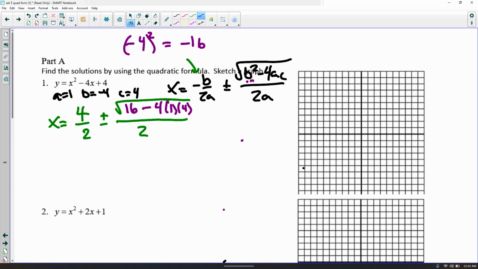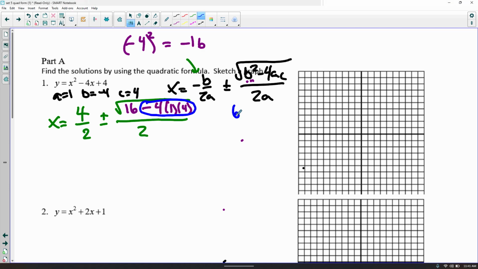The next piece is where my students fall apart. They try to say 16 minus 4 is 12 and go through there. No. Order of operations, guys. We have to do everything to the right of the b squared next. You are multiplying all of those numbers together. What's in blue we're going to do, which is -16.